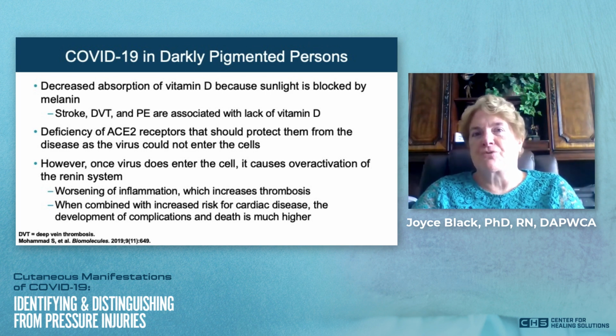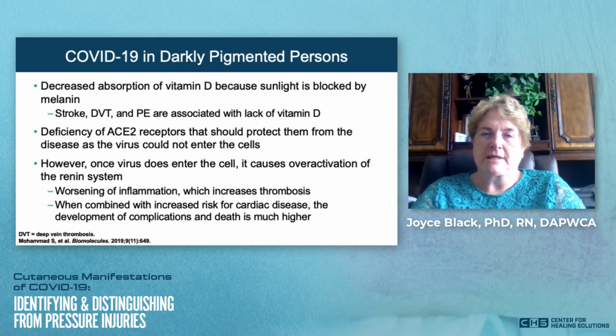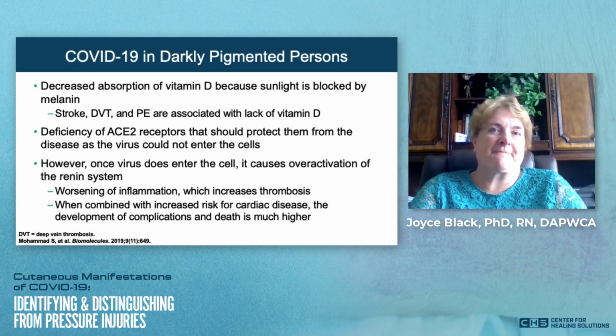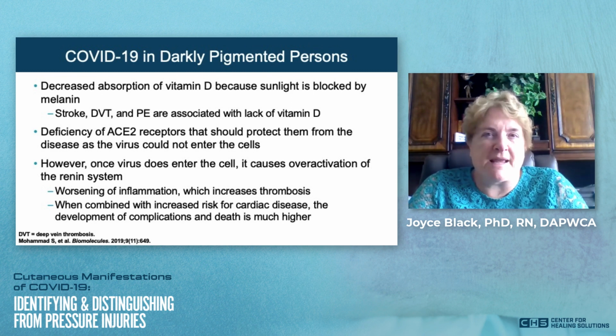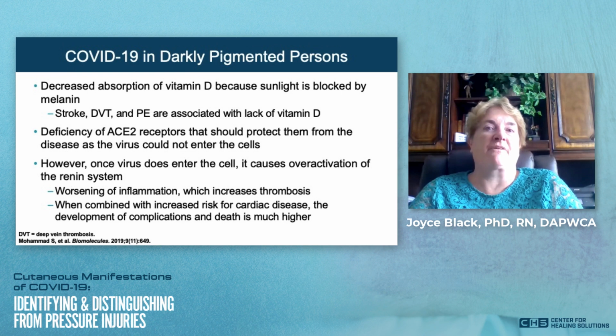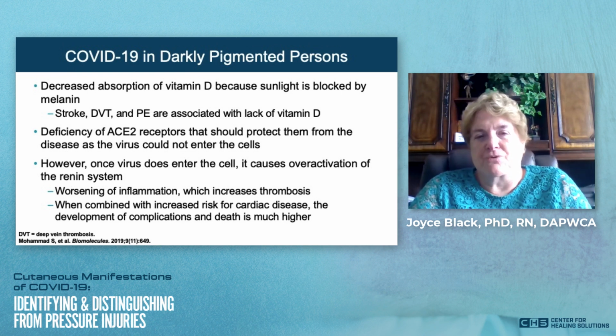The other thing that's true in darkly pigmented patients is they don't have the same number of ACE receptors as lightly pigmented patients do. Now, you'd think that since the virus attaches to ACE receptors, having fewer receptors would be a good thing. You wouldn't have the virus attacking at that rate. But that's not true.